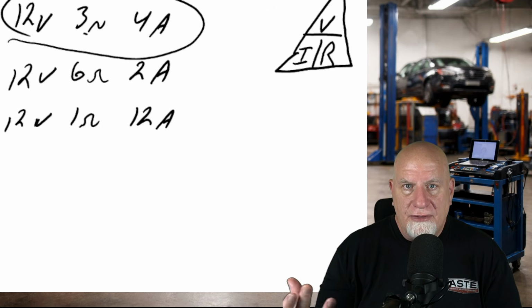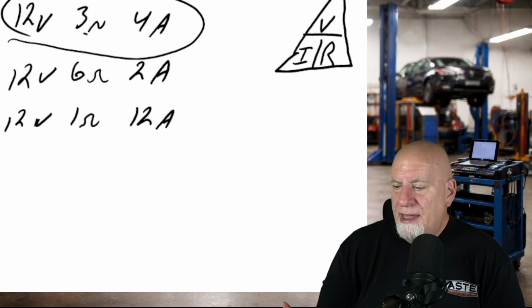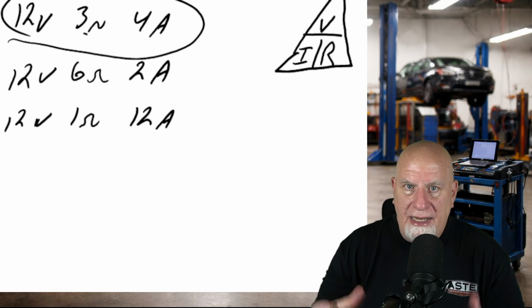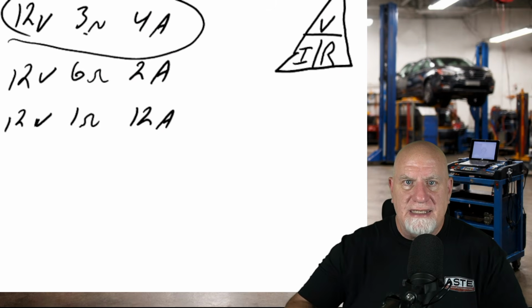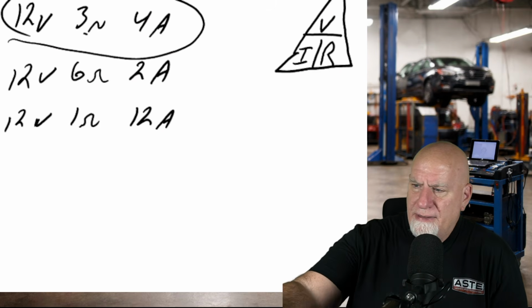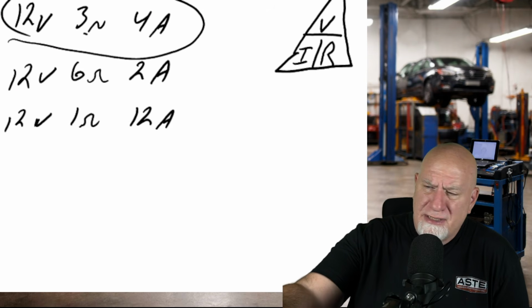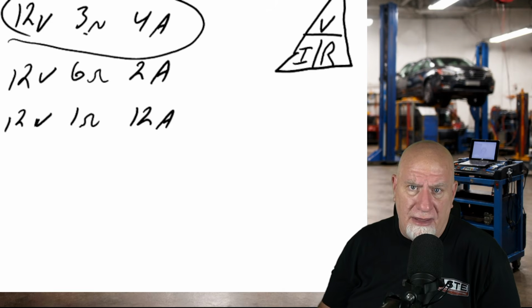The manufacturer understands that there is resistance in wiring, in every component in an electrical system, in the switches, in the relays, whatever. There is resistance in all of those things. So we're going to look at this 3 ohms. Let's just say that's the entire circuit resistance, including the load in the circuit.